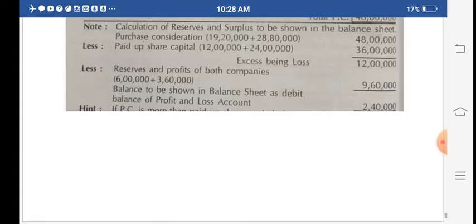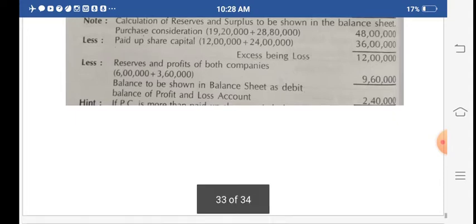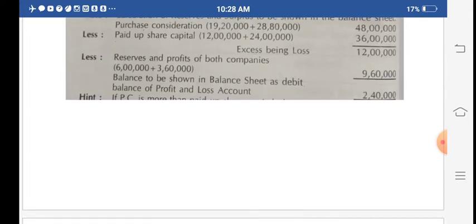The excess loss of Suryodaya Limited is adjusted against the reserve and surplus of Surya Company and Udaya Company, which is rupees 9,60,000. So 12 lakh minus 9,60,000, how much is remaining? 2,40,000. So still it's a loss, and it is shown in the balance sheet as a loss, as a profit and loss account debit.